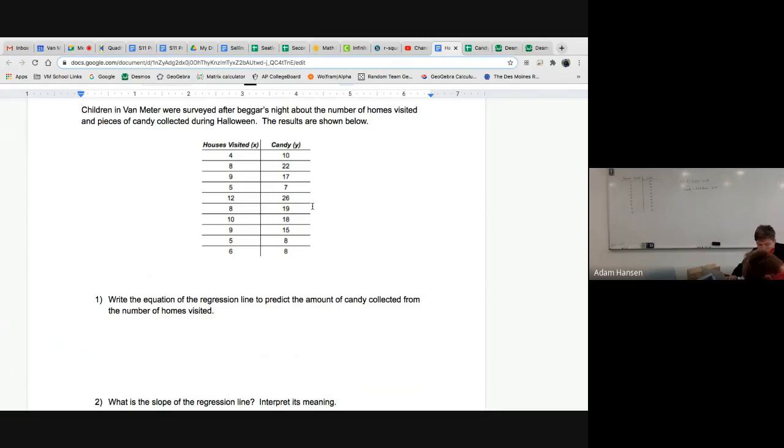What percent of the variation in candy is explained by the variation in the number of homes visited? That's just asking what's the R squared value. The percent of variability in the candy that can be explained by the total variability in the number of homes visited. That's how we interpret R squared. So what's the R squared value that you're pulling off, in decimals?